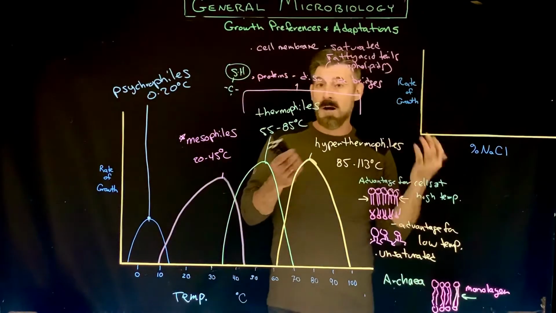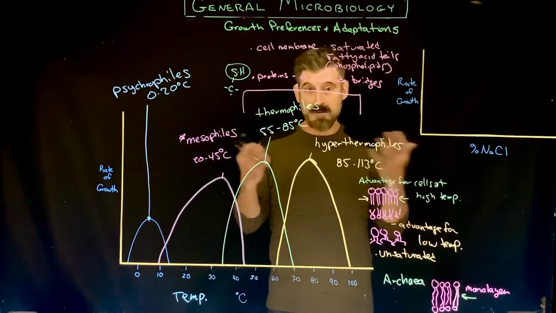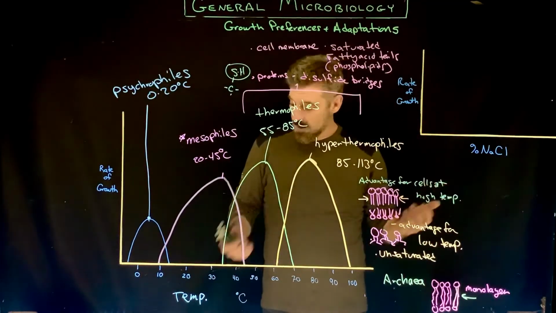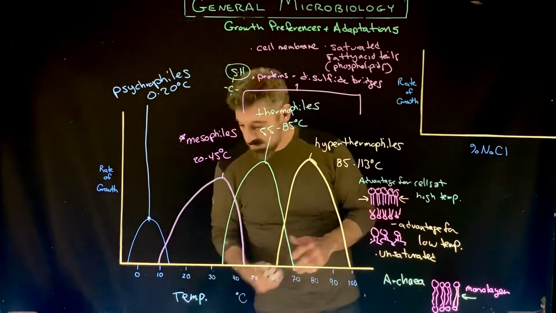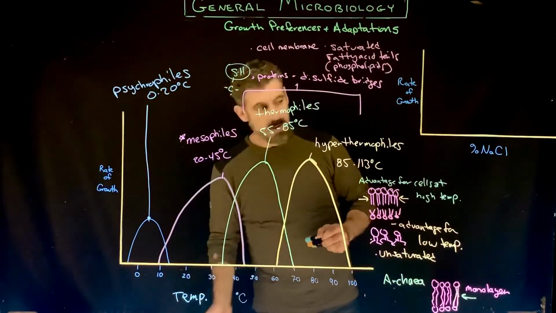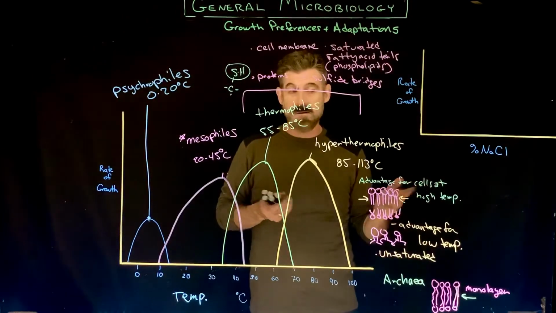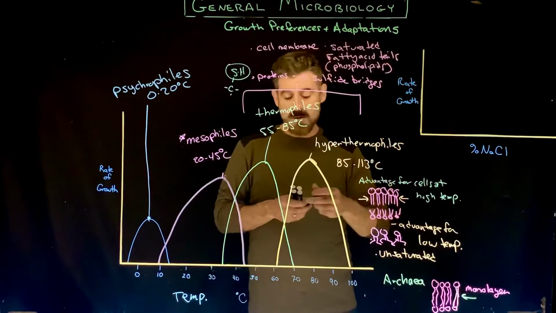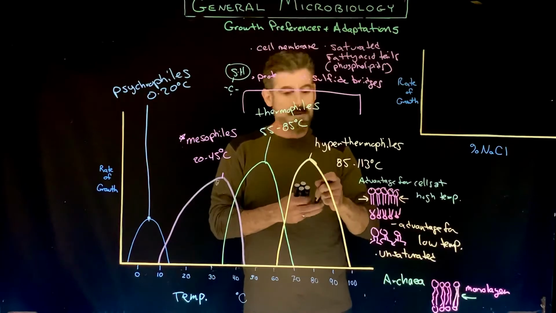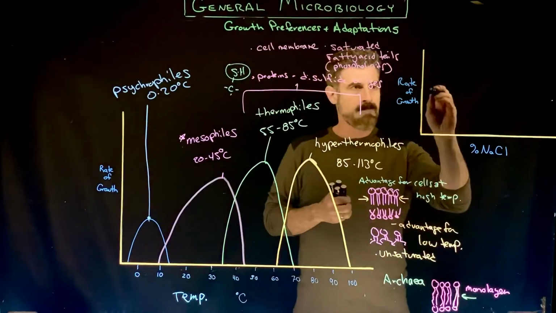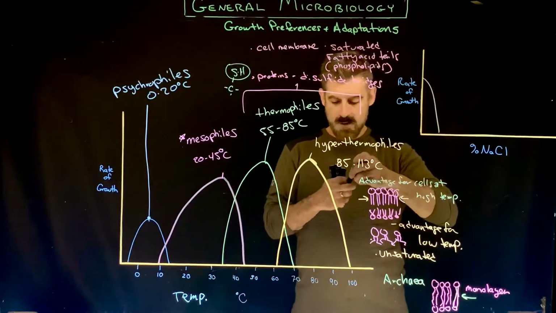We have some other types of environments, like freshwater environments and ocean environments. So we have organisms that prefer different salt concentrations and different pH concentrations. In terms of rates of growth, you'll find all different sorts of curves.